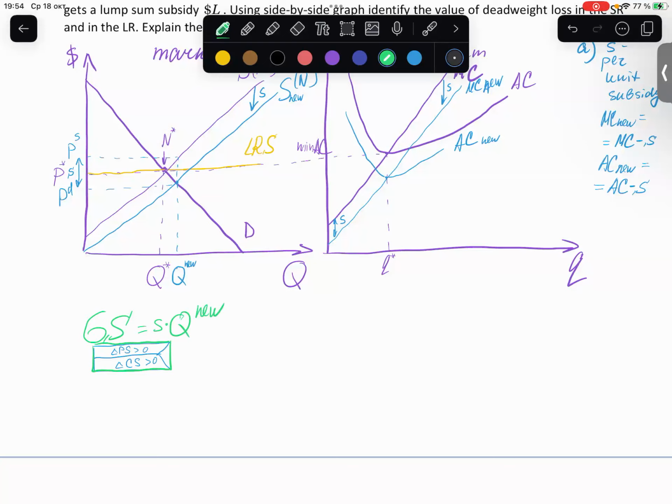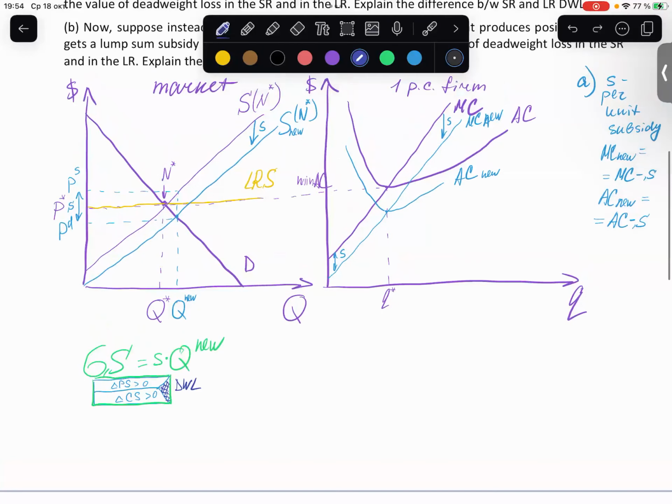And you see that part of these government spendings are lost. So this triangle is the deadweight loss of the society. On the graph, the deadweight loss in the short run is this triangle. Then at the end, we will show it.